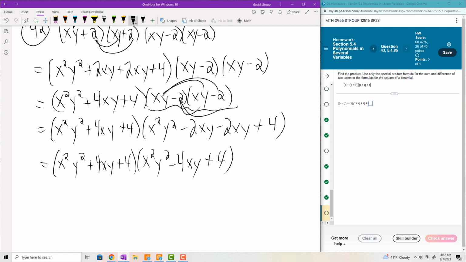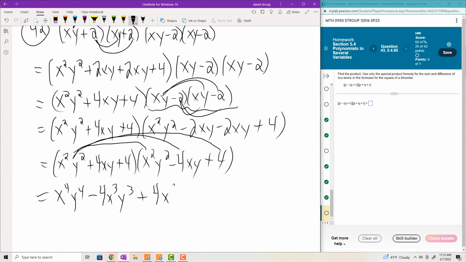Okay. And then you have triple distribution, right? So x squared y squared times x squared y squared is x fourth y fourth. x squared y squared times negative 4xy is negative 4x cubed y cubed. x squared y squared times 4 is plus 4x squared y squared.